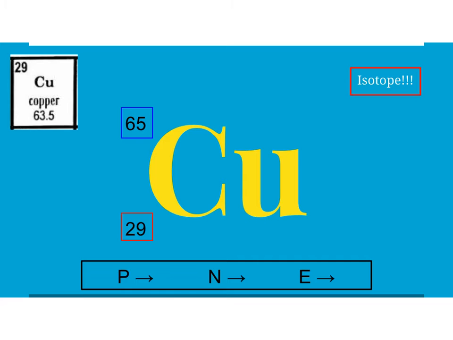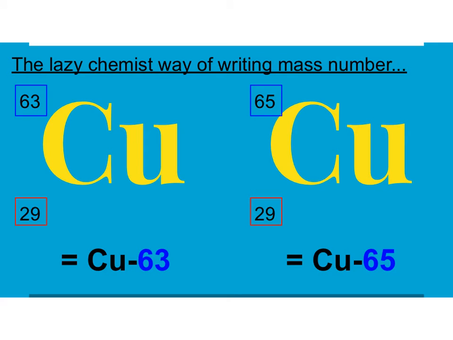Sometimes you're going to see your symbol with the correct number of protons, but when you look at your mass, it's going to be a little bit weird. In this case, it doesn't match the number that we have with our symbol. So this is what we consider to be an isotope. It has a different mass than normal, and we'll explain why that is. There are lots of isotopes that exist. There's also a lazy chemist way of writing these mass numbers, because sometimes there are multiple types of the same atom.